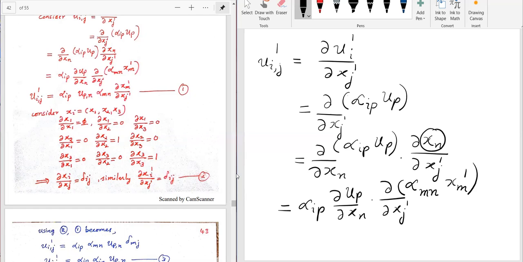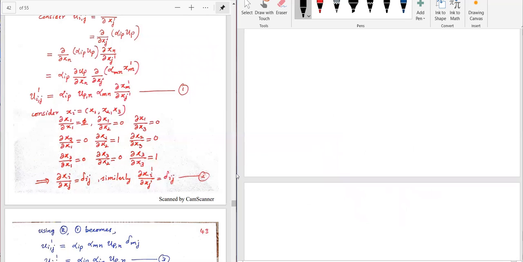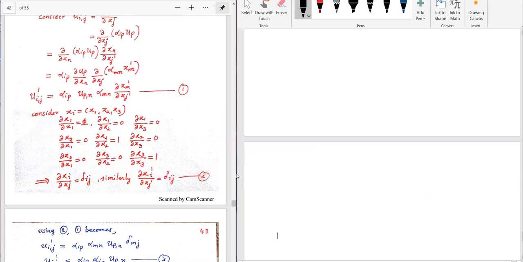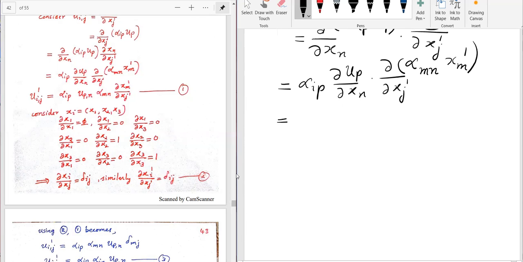Okay, so now the next step, that is equal to, we'll take alphas outside. We have alpha ip and alpha mn, we'll take them outside now.